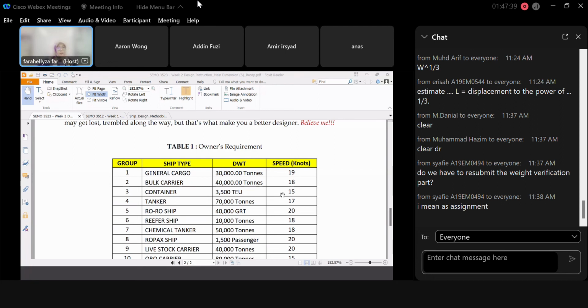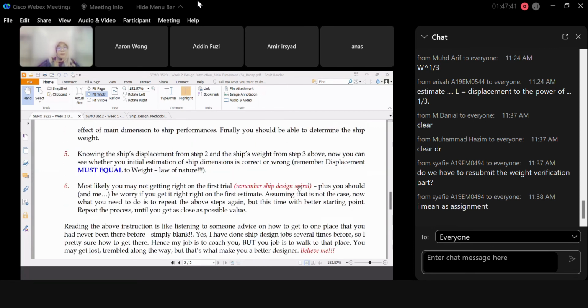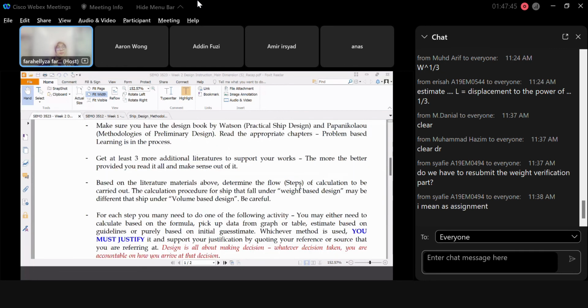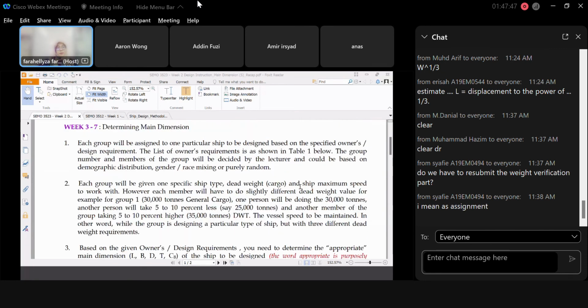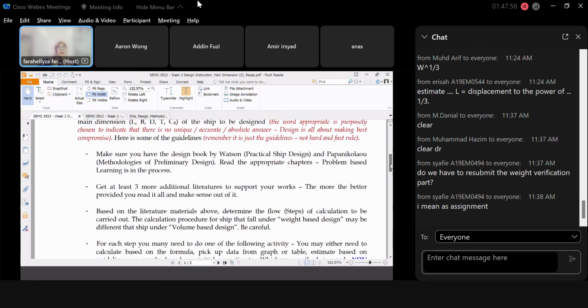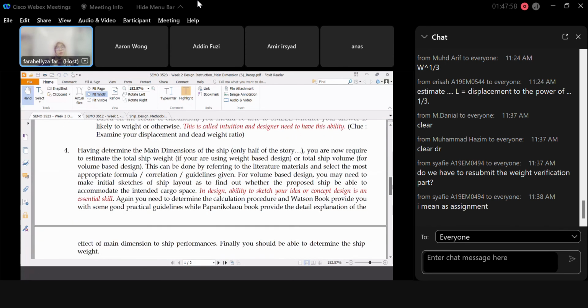Okay. So this is actually the step to determine the main dimension last time. You look here, week 3 to 7. So basically, they spend about 4 to 5 weeks to come up with the main dimension. So for those from SKMO, you have to go through your group project. You already know your group. All the group project reports are already in the e-learning.